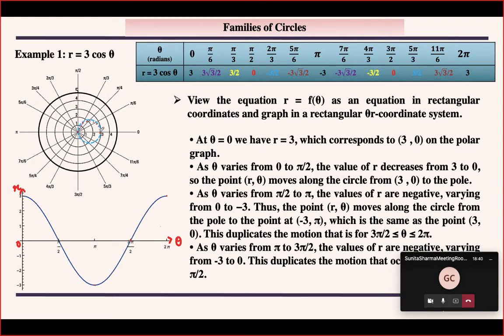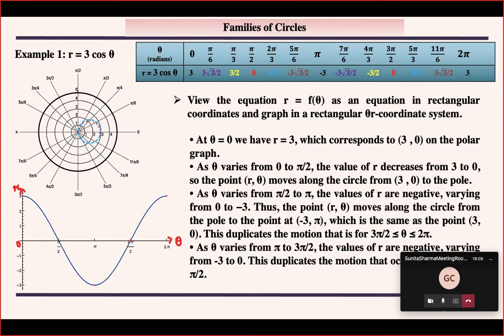That is how this shape comes here. You start with 3, then take something smaller, again a little smaller, a little less. When you take values of r smaller and smaller, ultimately your value of r becomes 0 when theta is pi by 2, so you reach the pole. That is how this shape is determined. Is it fine now?